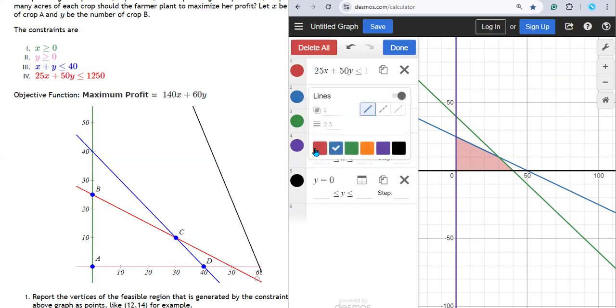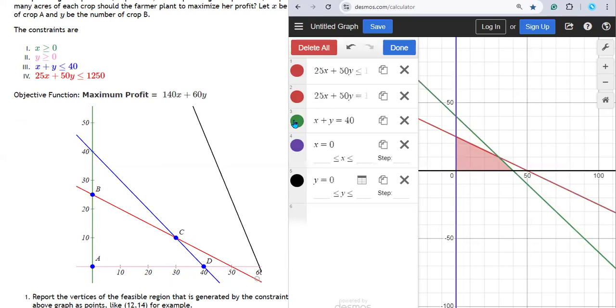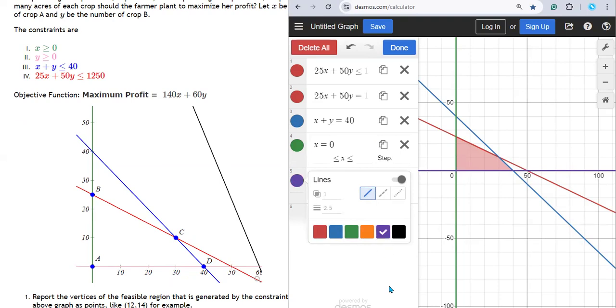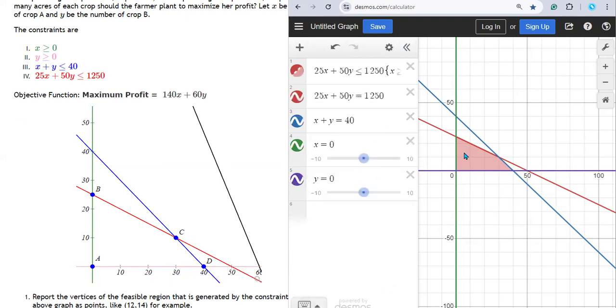This is the red line. X plus y equals 40 is the blue line. X equals 0 is the green line. And then y equals 0 is the pink line. I'll use purple instead of pink. Now you have the feasibility region and you have the vertices. So this is A, D, C, and B.